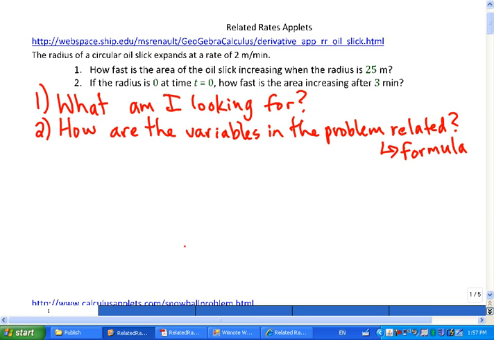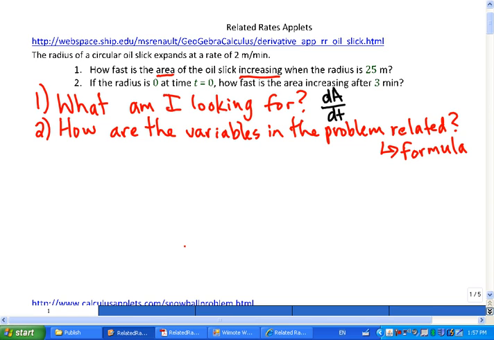The first thing says, how fast is the area of the oil slick increasing? So this is actually the question I'm being asked, it's about the area increasing. That's what I want to know. So in calculus, the way we're going to write this down is I'm actually looking for the change in the area with respect to time. So we just talked about implicit differentiation.